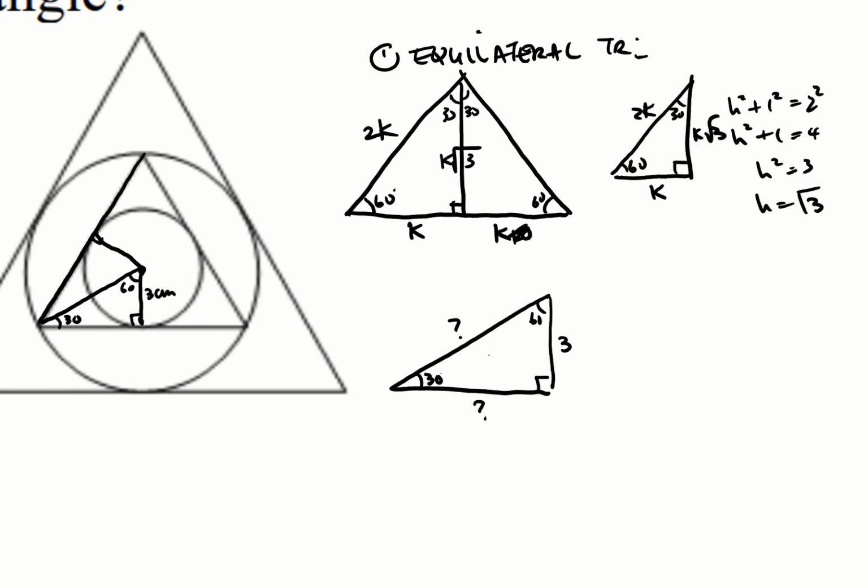So going back to this bottom triangle, you see how this is like 30, 60, and 90? So that means that this side over here is k. This bottom side would be like k times root 3, and the hypotenuse would be like 2k. So now since k is equal to 3, that means that this bottom side would be 3 root 3, and then 2k would then be 6, okay?